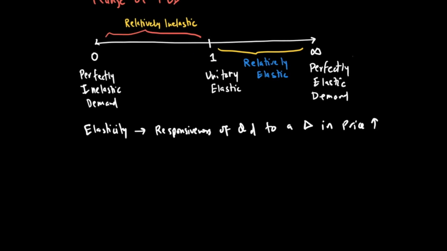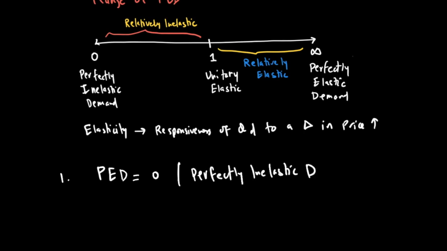Let's see the first value, which is perfectly inelastic demand. So let me write this: PED is equal to 0. Let's call it number 1, which is perfectly inelastic demand.